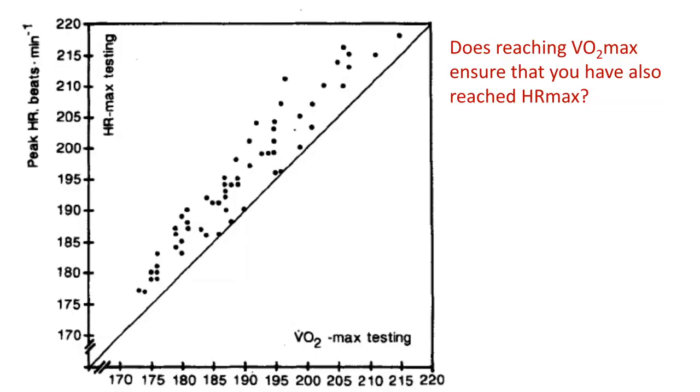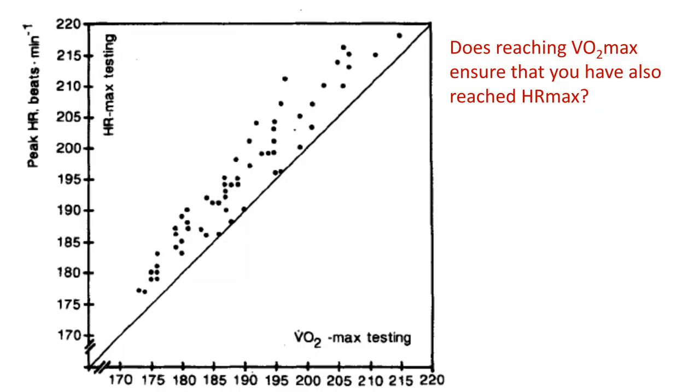Now, another question that is interesting to me is, does reaching VO2 max ensure that you've also reached heart rate max? Now look at this. What you see is on the y-axis the heart rate max achieved during heart rate max testing. So they were just trying to look at heart rate. They didn't have a mask on.